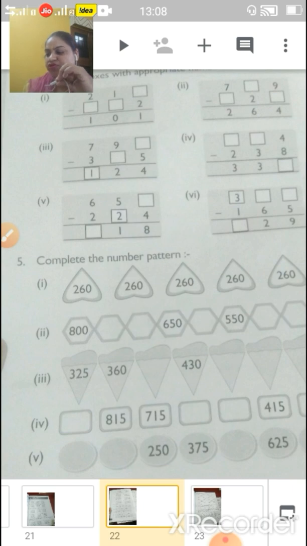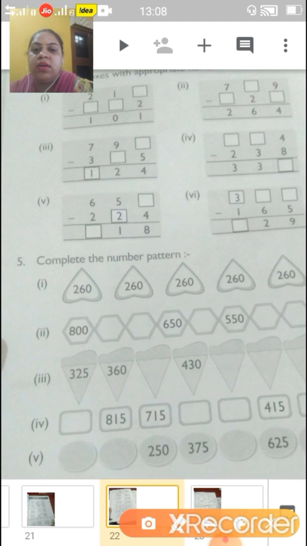In the fourth question we have to subtract in a way that the answer should be here only. Like if we write in the box 3 minus 2, that is 1.